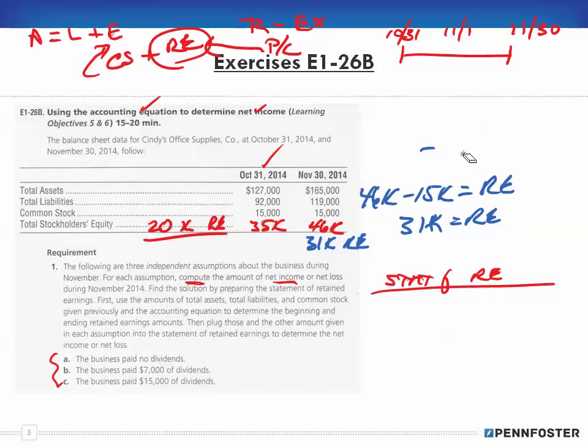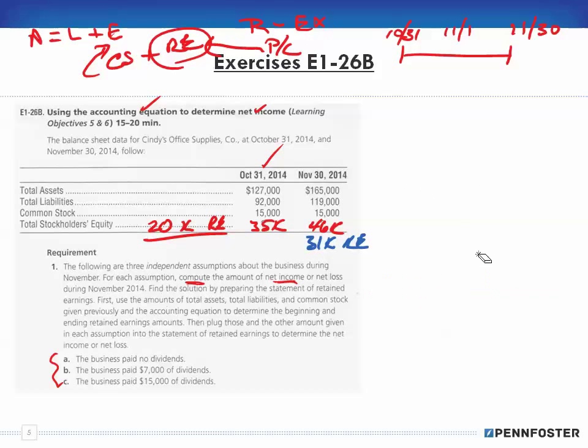Now that we've derived that information, we need to start looking at our statement of retained earnings.